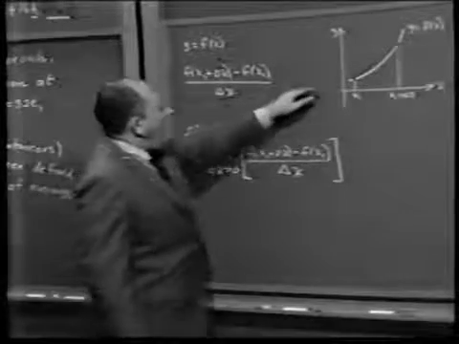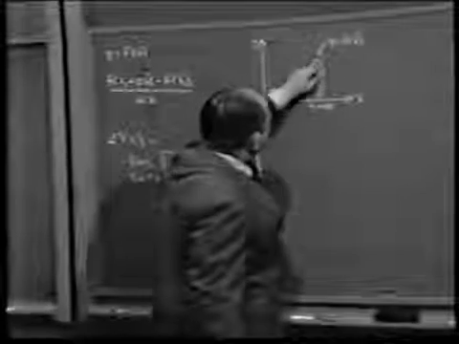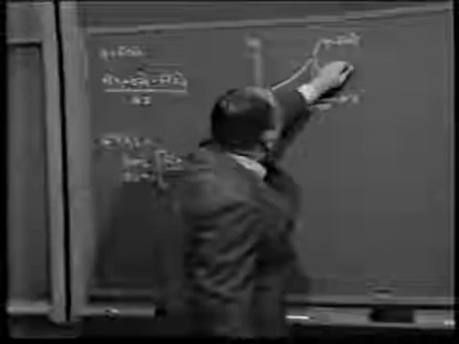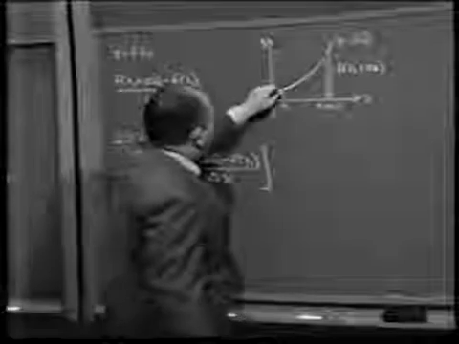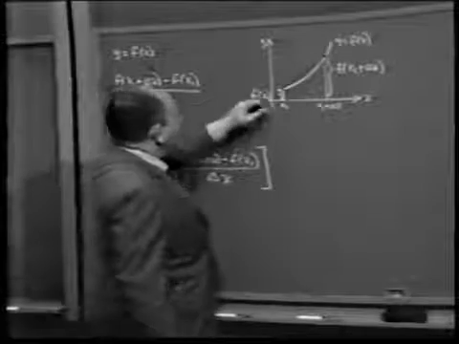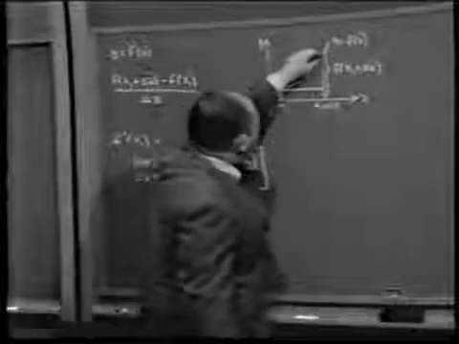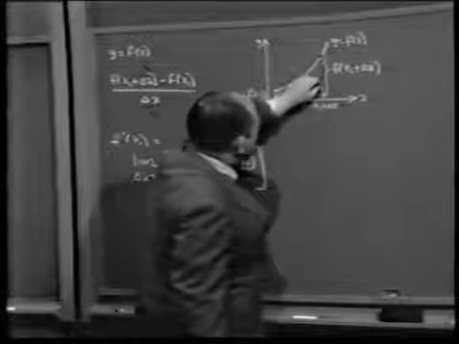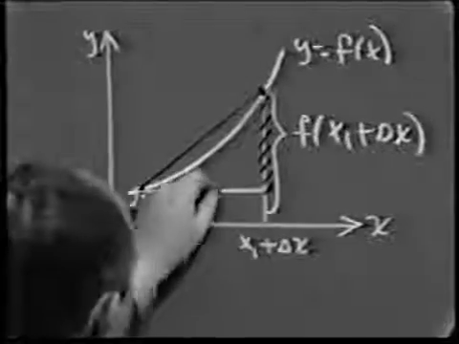Well, the idea is this. Observe that if we go to the graph, f of x1 plus delta x is this particular height. On the other hand, this height is f of x1. Consequently, our numerator is just this distance here. And our denominator, which is delta x, is just this distance here.